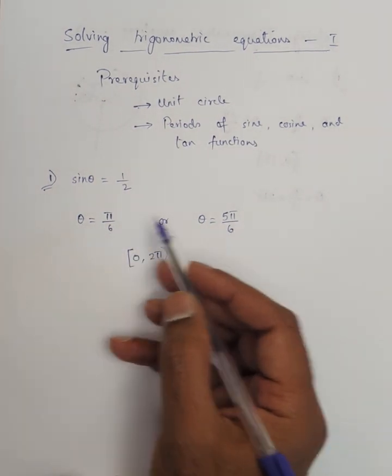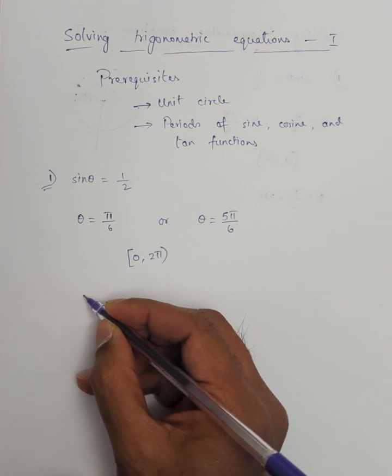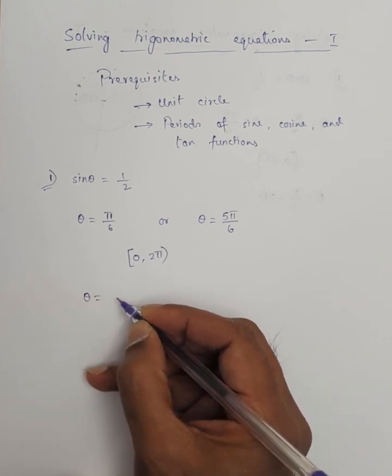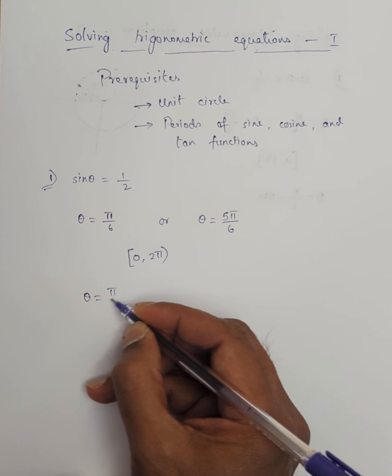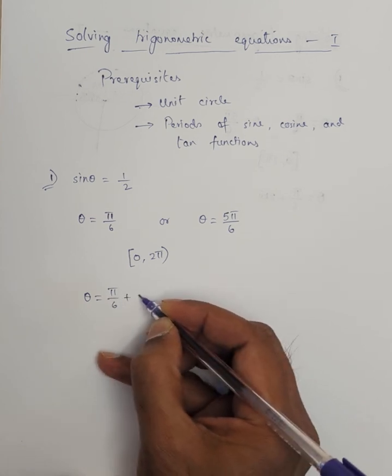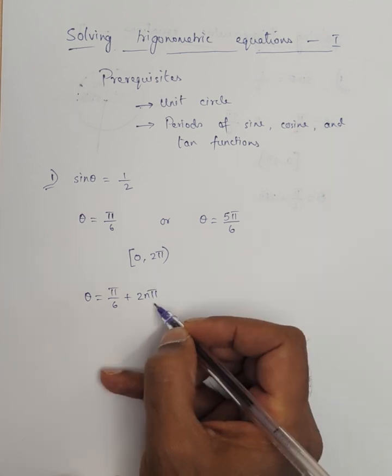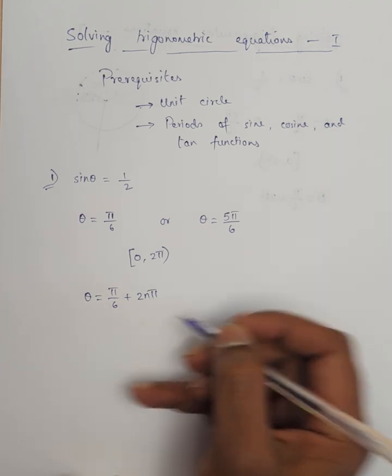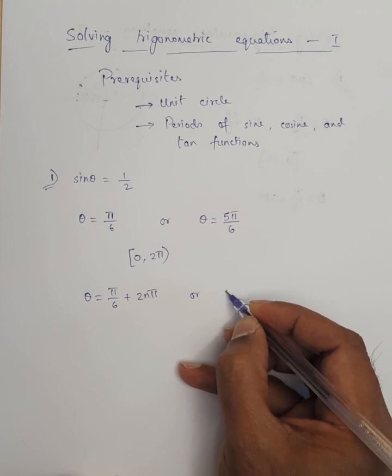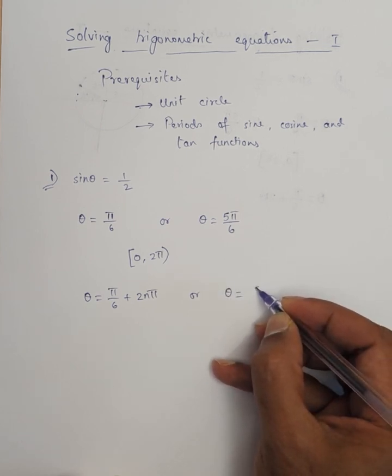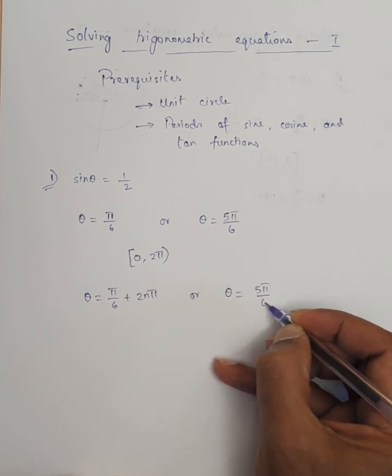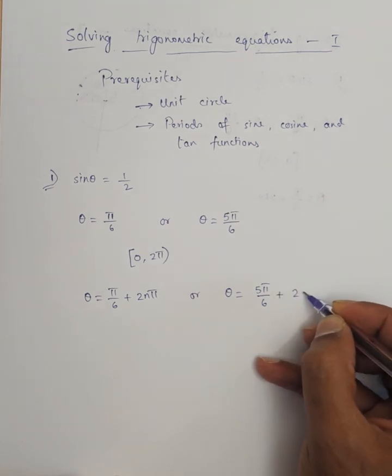So once you find these two in one period, then you simply add multiples of 2 pi. So how do you write that? You say theta equals pi over 6 plus 2n pi, or theta equals 5 pi over 6 plus 2n pi.